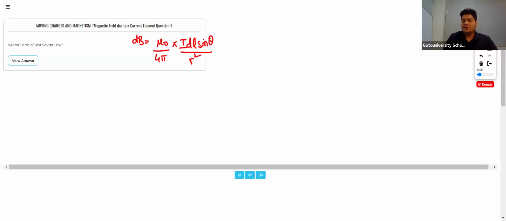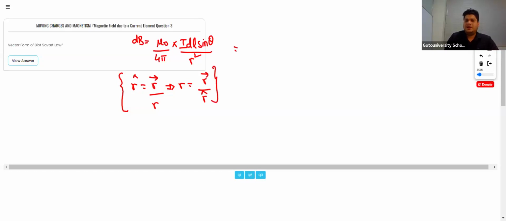How to bring vector into the picture? To bring vector into the picture, we have the formula that r cap will be the unit vector, which is the vector over the original magnitude. So what about this small r? That small r will be equal to the vector r upon r cap.